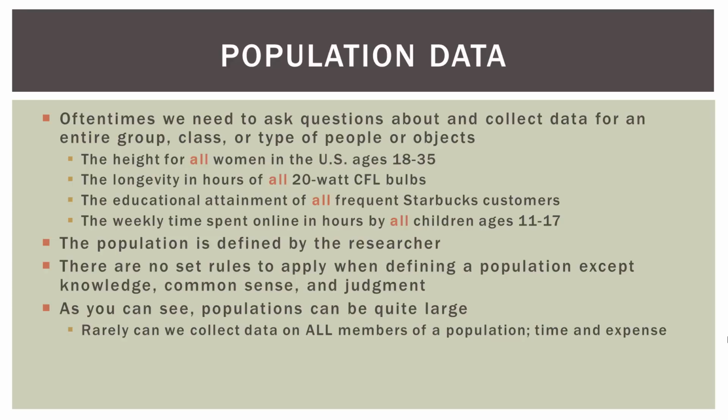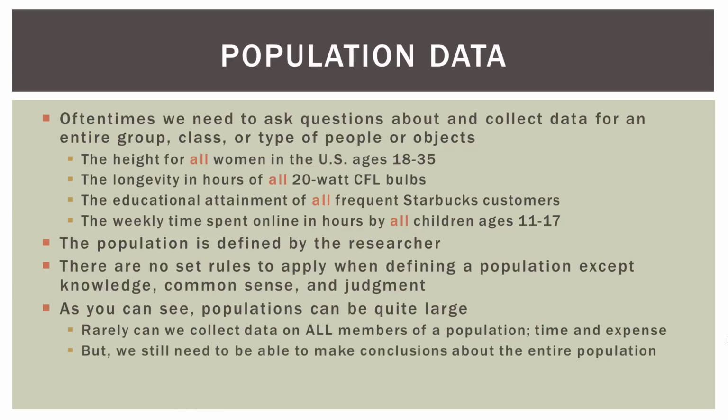It's way too much time and way too much expense. Could you imagine trying to go out and measure the height of millions of women? It's just not practical. Even in conception, it's not practical to think about. So there's no way to actually ever do that. But we still need to be able to make conclusions about the entire population.